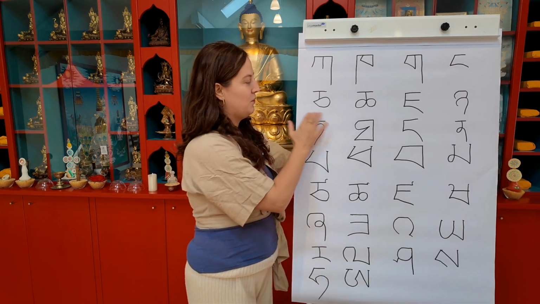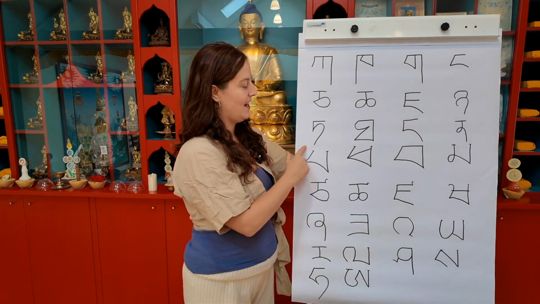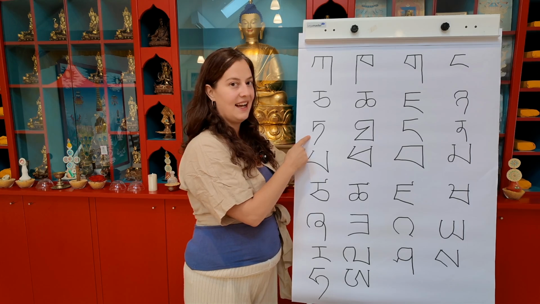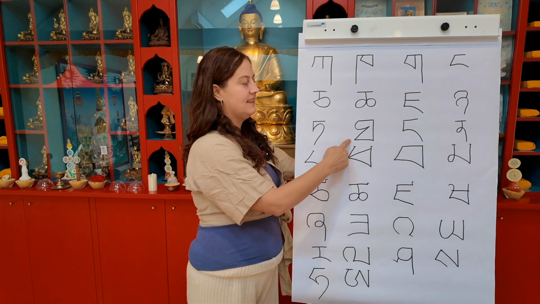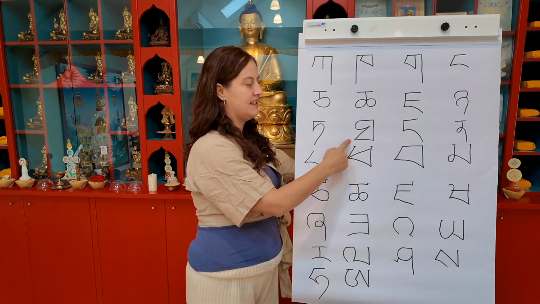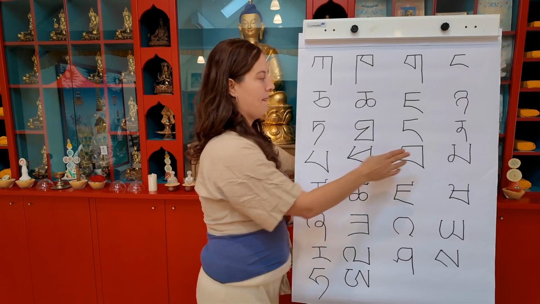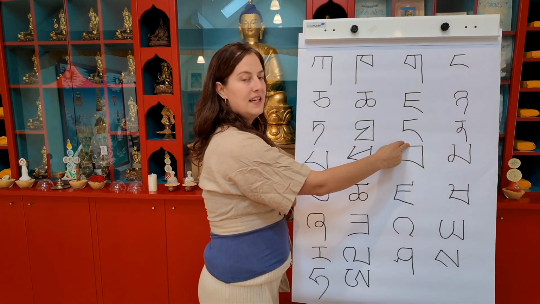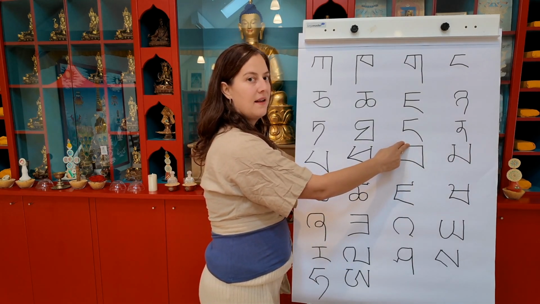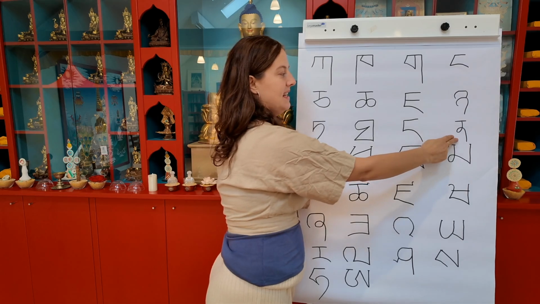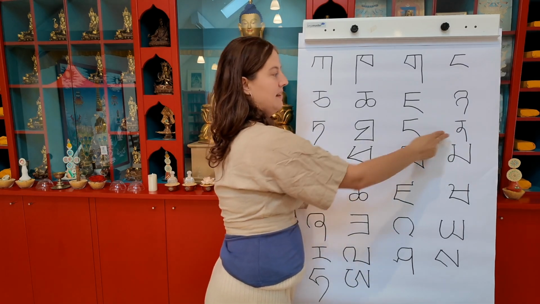So this was the second row. Third line. Ta, it's the ta line. Ta, high. Ta, high and aspirated. Let's say it again. Ta, ta. Low and aspirated. Ta, ta. Class nasal of the ta line.